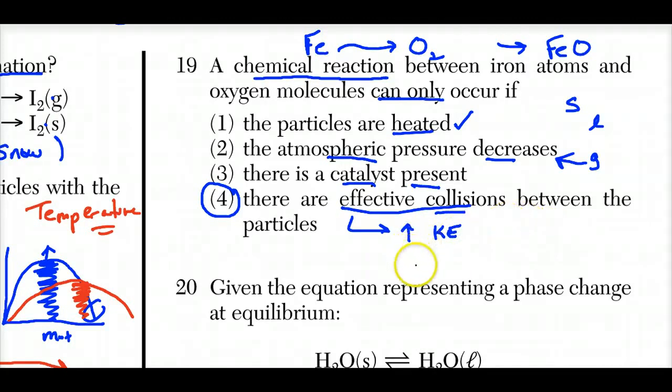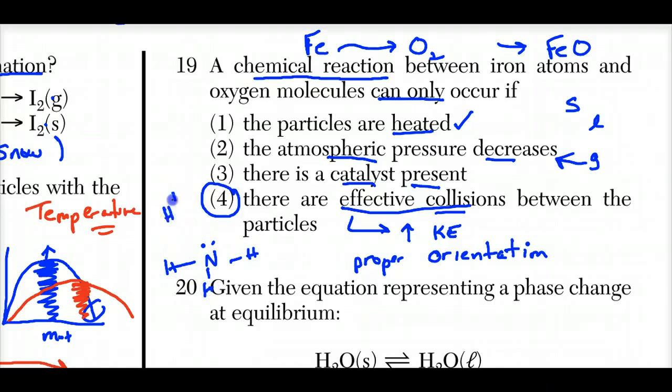And of course, you have to have proper orientation so that, especially with bigger molecules, the bonding sites are able to be hit. If the orientation isn't right, then a reaction won't occur. Case in point, ammonia has a lone pair of electrons. For it to bond to a proton, that proton has to hit that part of the nitrogen. If not, it won't occur. So number 4 is the answer for number 19.